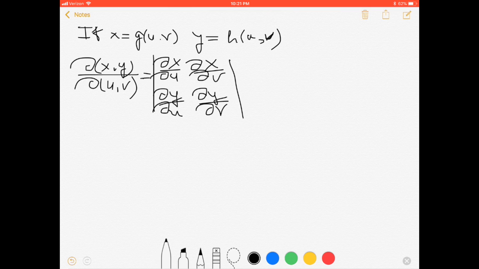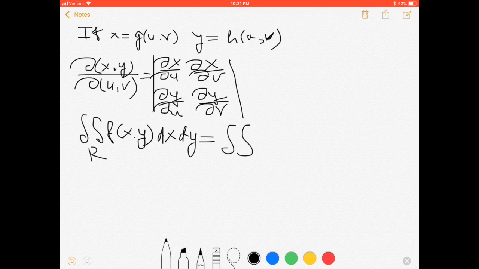Okay, and what does this give us? If you have some double integral over some region R of a function f of x and y dA, maybe we write dx dy, it's better, because here we need exactly how we are changing dx dy. It will be an integral over the same region, but with the border now written using the new variables u and v.